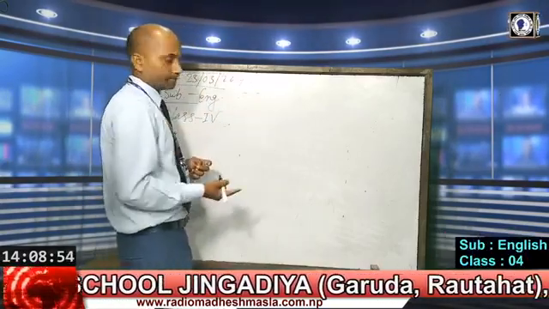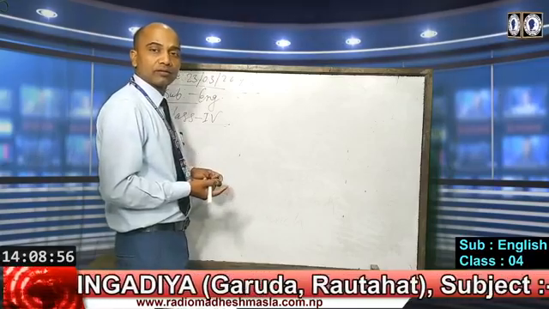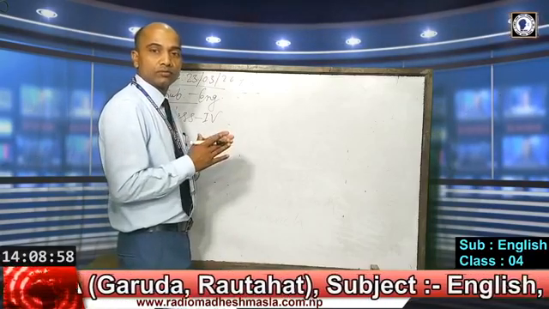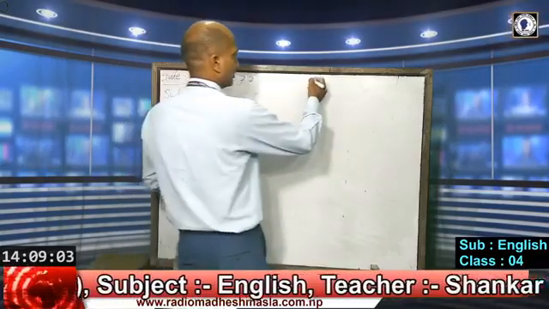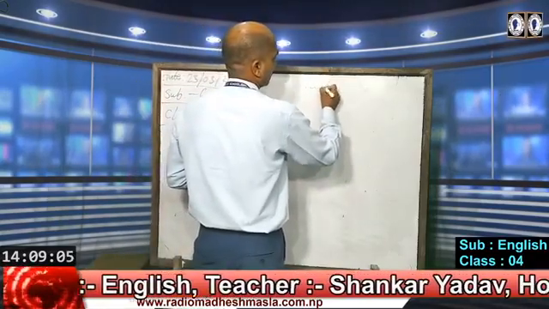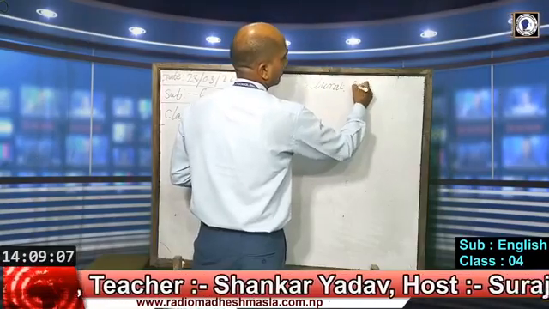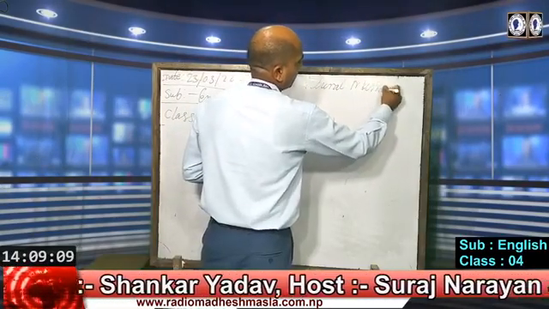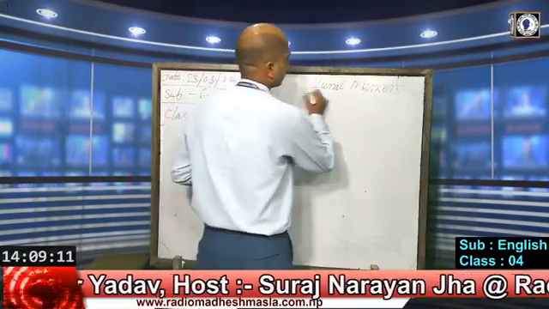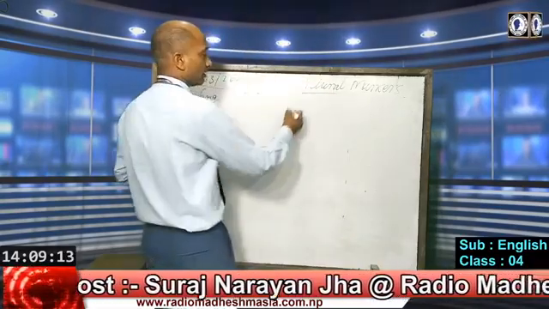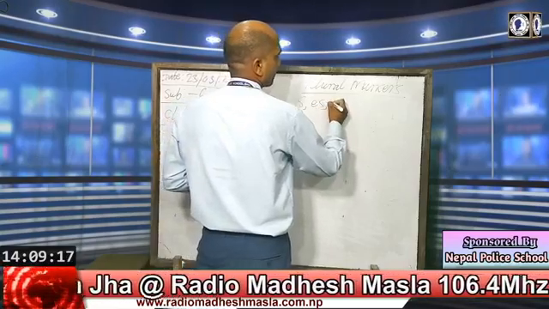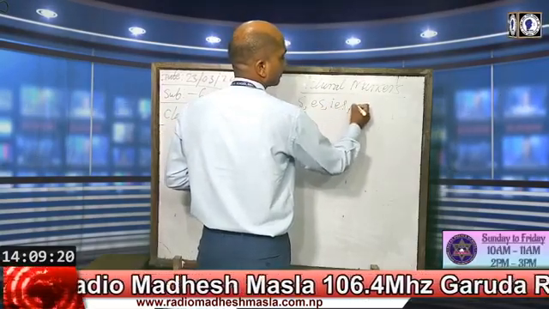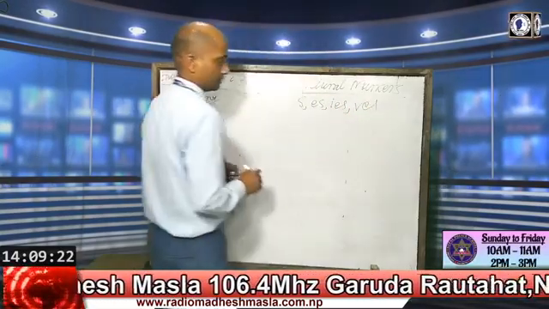Here are some plural markers that are used to change the singular noun into plural. Plural markers are s, es, ies, ves.